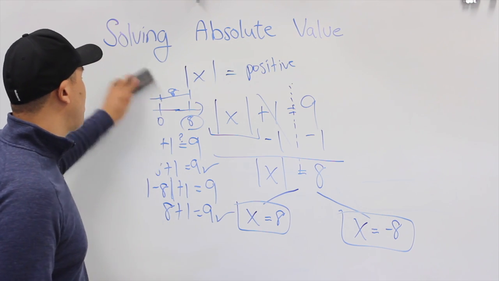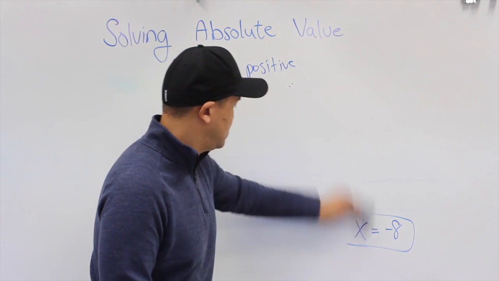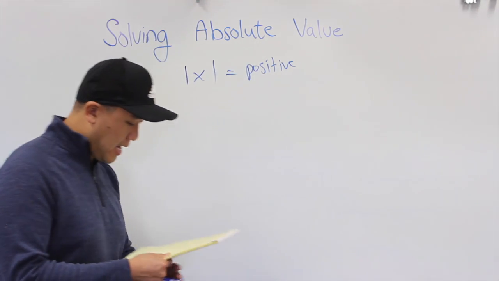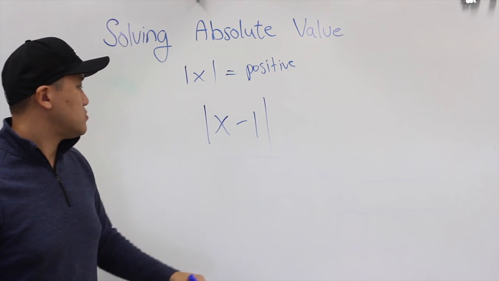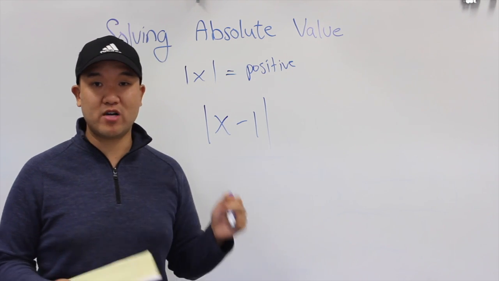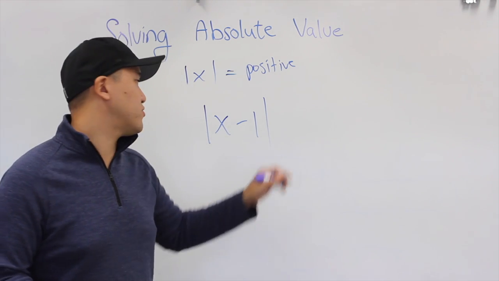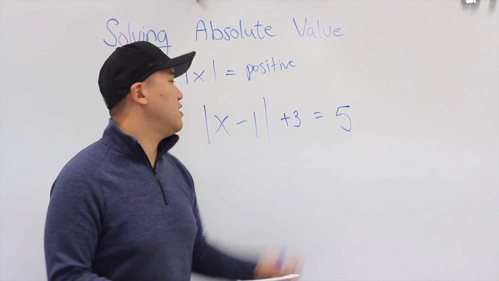Let's try another problem. What happens if there's lots of things going on inside the absolute value? We're going to talk about transformations later. So if there are transformations occurring, let's just make up problems like that.